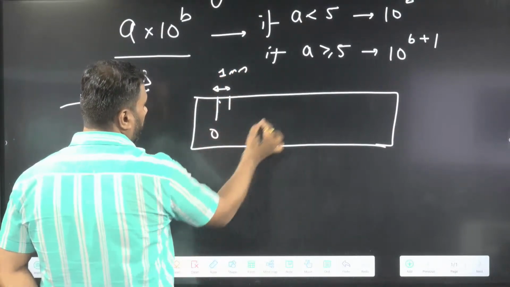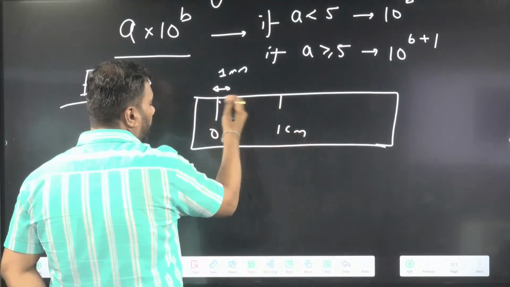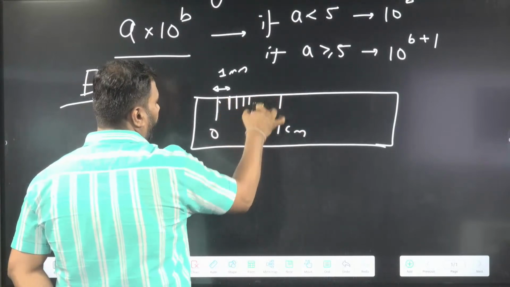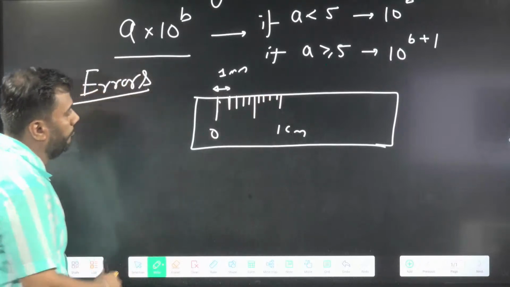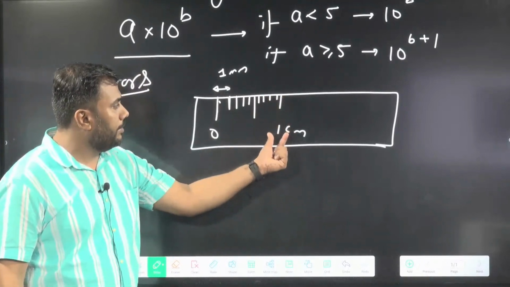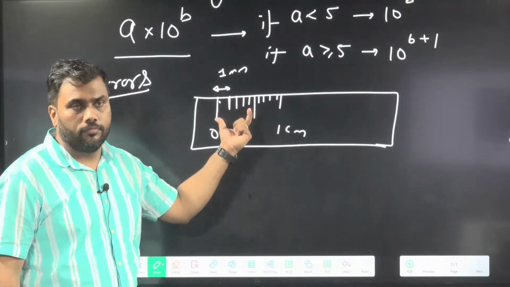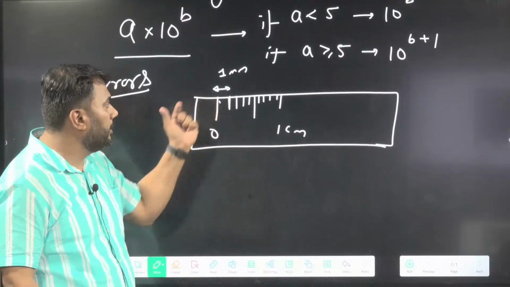There is 0, then there is 1 centimeter written, and between them there are 9 lines, so 10 divisions are there: 1, 2, 3, 4, 5, 6, 7, 8, 9, and this is 10. So the distance of 1 centimeter is divided into 10 parts in normal scales. So the measurement can give you at most 1 mm precision.